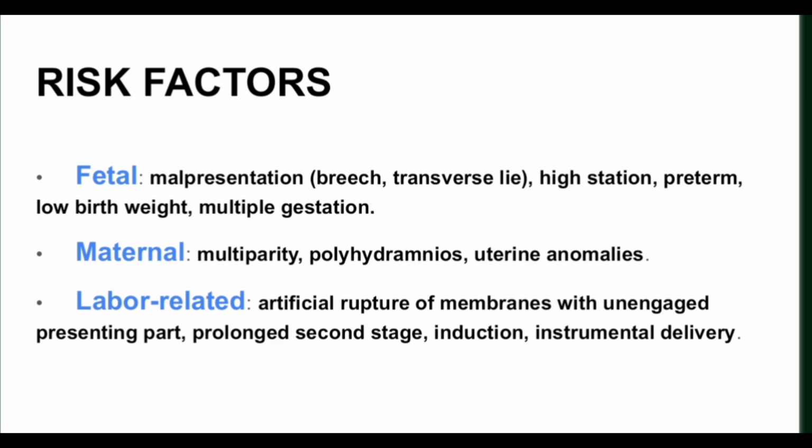Then for the labor related risk factors, we've got artificial rupture of membranes with an engaged presenting part, prolonged second stage of labor, and also induction of labor and also instrumental delivery.